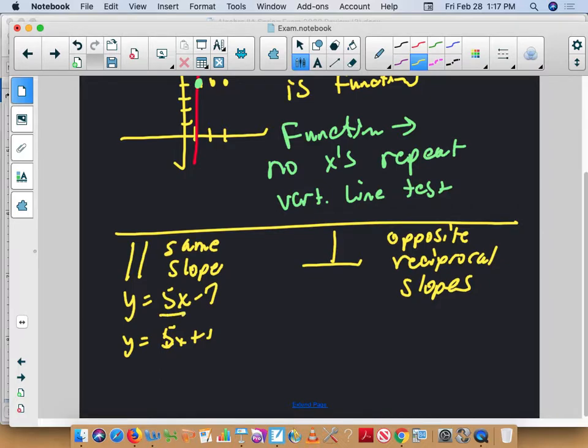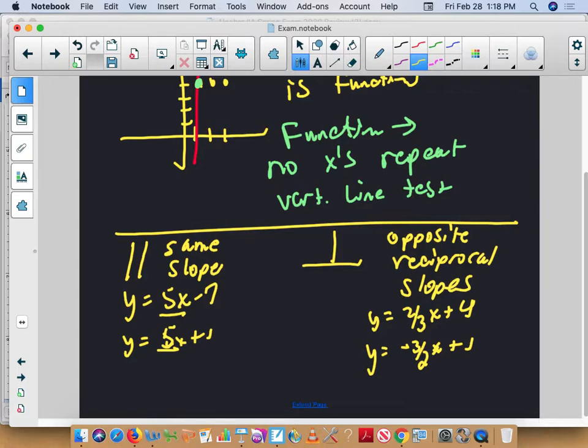As long as they both have the same slope, they're parallel. Opposite reciprocal slopes, an example would be something like y equals 2/3 x plus 4 and y equals the complete opposite, -3/2x plus whatever, it doesn't matter. Do you see how those are turned over and opposites?